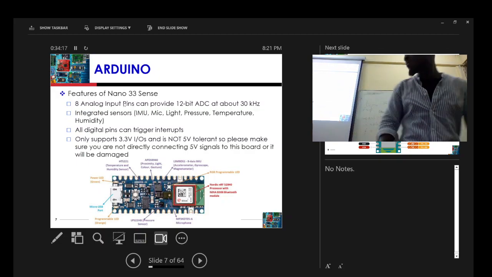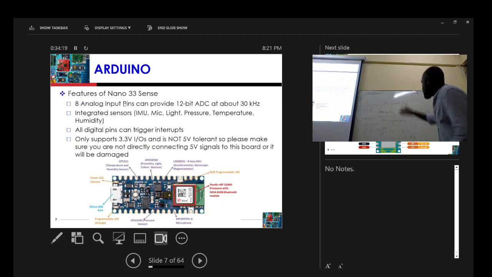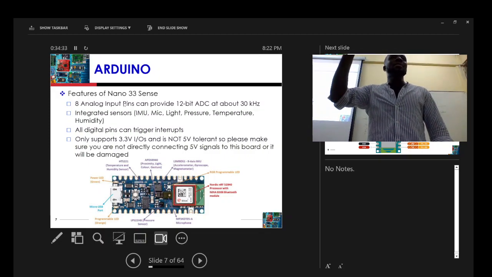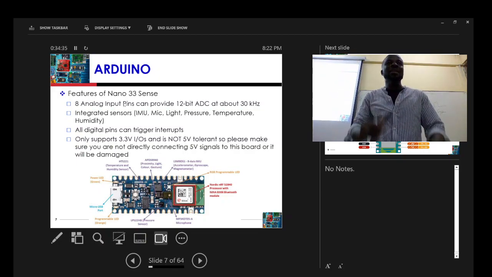Those waves are analog, and digital waves are like this, just ones and zeros. So there are clear differences between an analog signal and a digital signal.